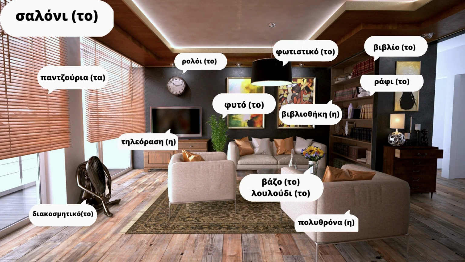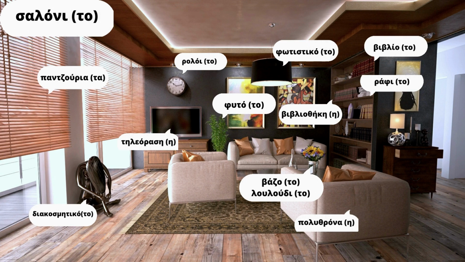I tileorasi. Next to the television, we have some kind of plant. So the word for any plant in Greek is to phyto. To phyto. It's a neutral gender. On the top of the room, on the ceiling particularly, we can see again some kind of light.